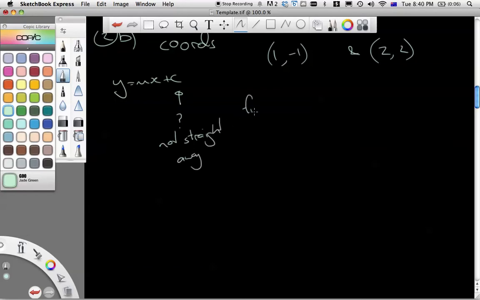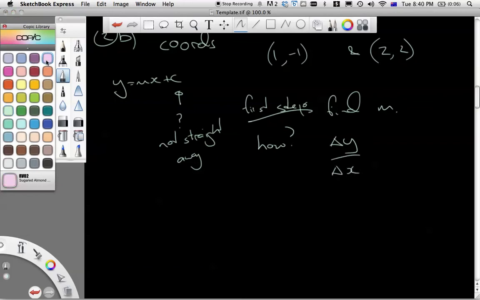So first step, find m. Right? So how do we find m? Well, we have to look at the change in y over the change in x. We can kind of look at what's our first x, first y. We call that y1, this is an x, this is a y1.